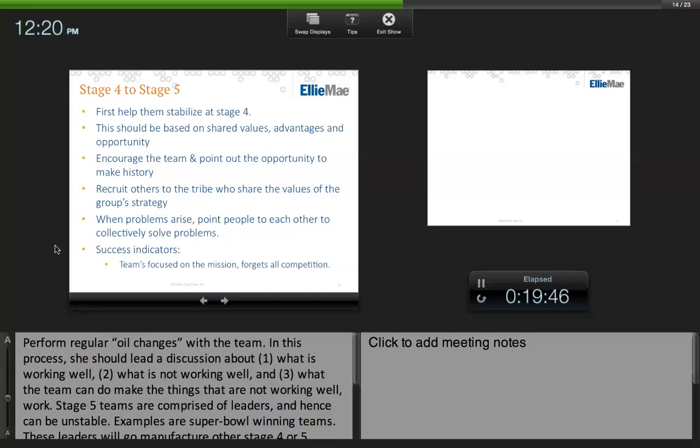Then you need to encourage the team and tell them, for example, for the nCompass Web team, I would repeatedly talk about, hey, in 2 years when we do launch this nCompass Web, we want to go from 30% of the market to 60% of the market. So that is an opportunity for a unique small team to make a significant impact on the mortgage industry.